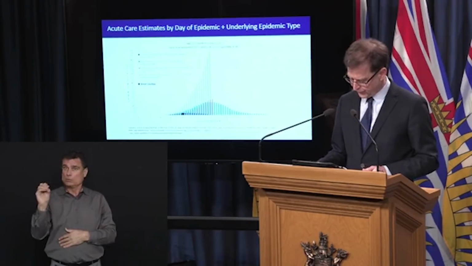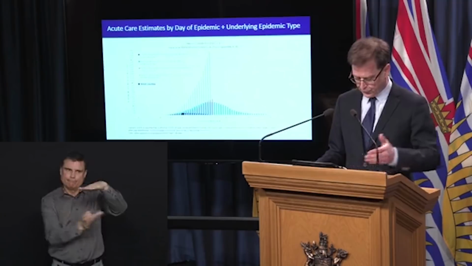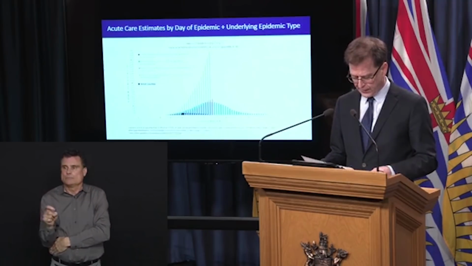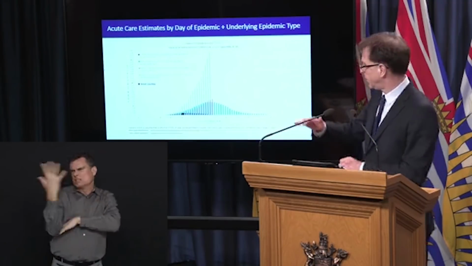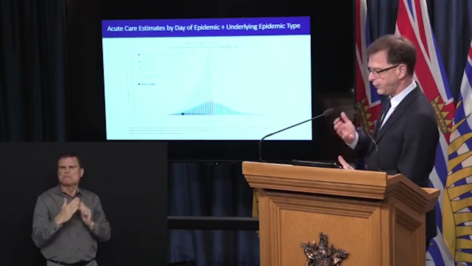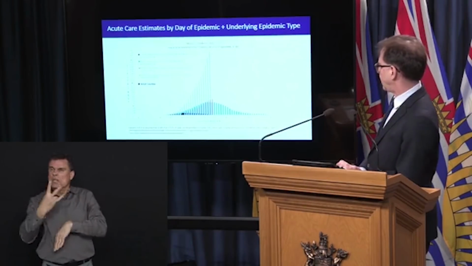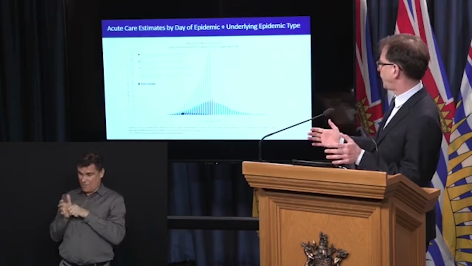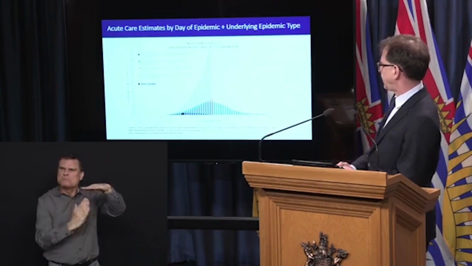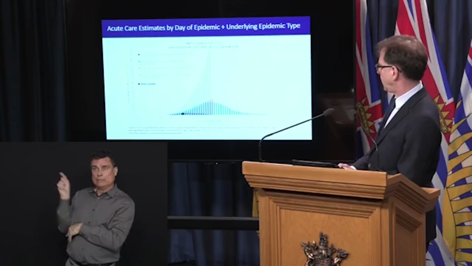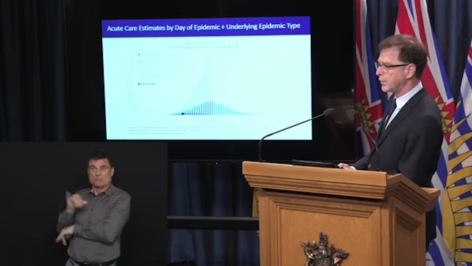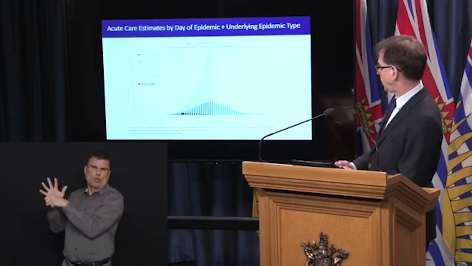The admissions will commence five days, and the range is 2 to 7 days, after case identification. And you see the same projections here, and you can see what happened in Italy in particular, where the system was at 100% capacity at the time when the surge of COVID-19 patients came.